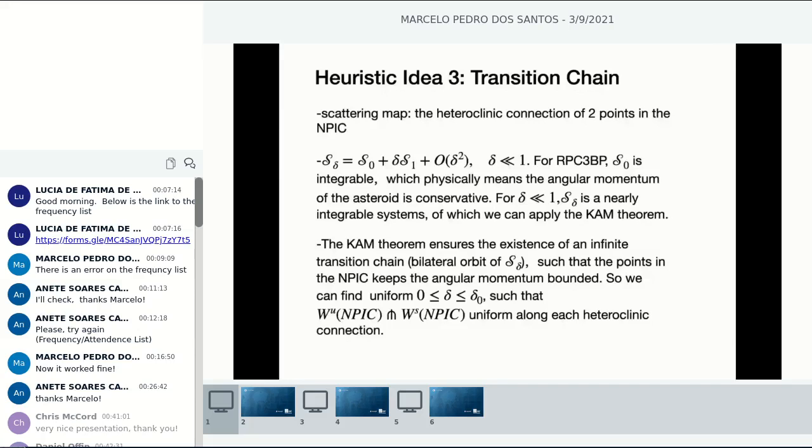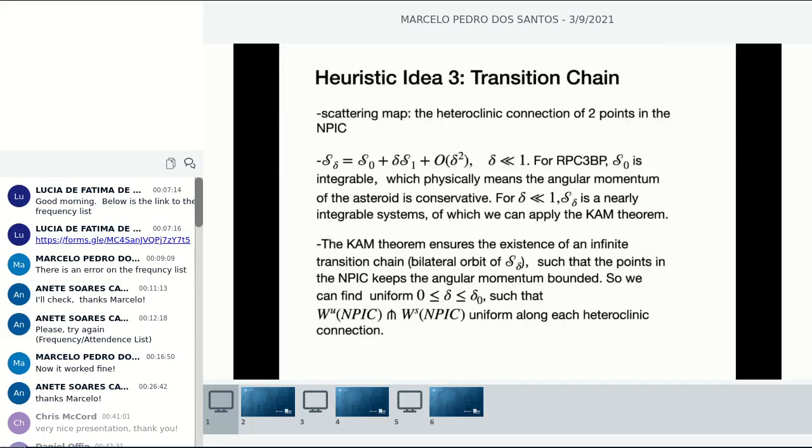For delta sufficiently small, S delta becomes a nearly integrable setting because S0 is an integrable twist map. So as long as delta is sufficiently small, we can still apply the KAM theorem to guarantee the existence of certain invariant circles for S delta.